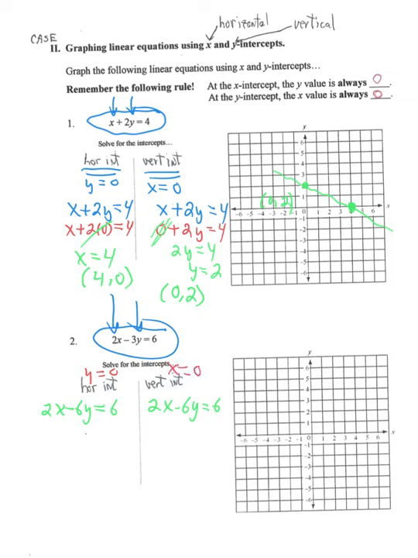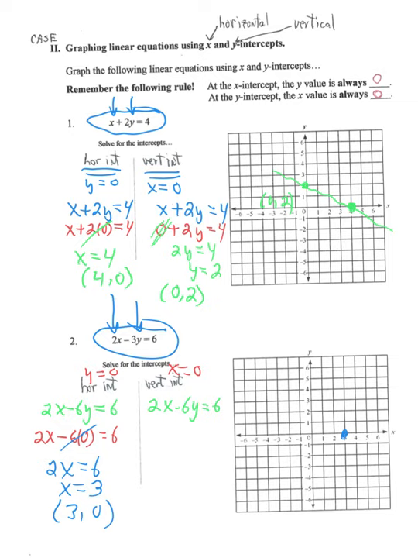So coming back over here, I'm going to let the y equal 0. You can see that whole second term is gone again, isn't it? So I get 2x equals 6, x equals 3. My point is 3, 0. I'll plot it. 3, 0.